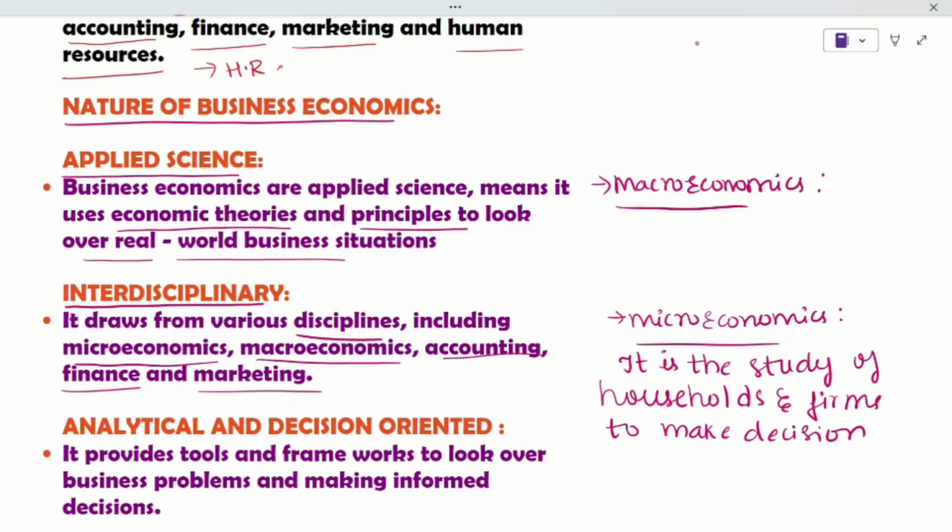Next I'm going to macroeconomics. Here macroeconomics is an economic study that focuses on the overall performance, structure, behavior and decision making of an economy as a whole.